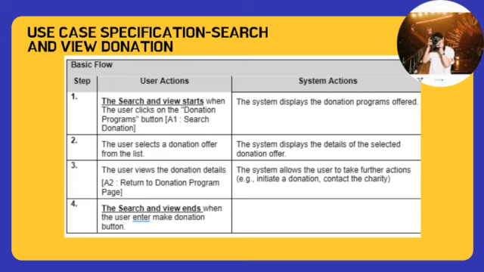The third is the user views the donation details, which also has an alternative 2, return to the donation program page, and then the system will allow the user to take further action. The fourth step, which is the last step, is that the search and view ends when the user clicks the make donation button.